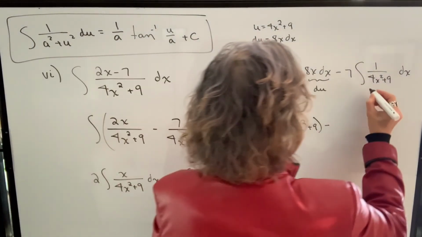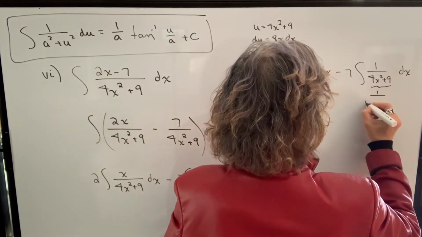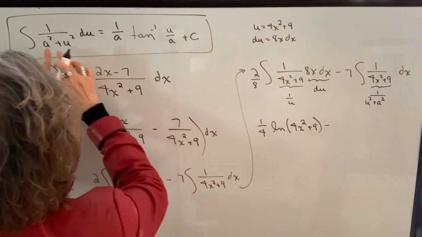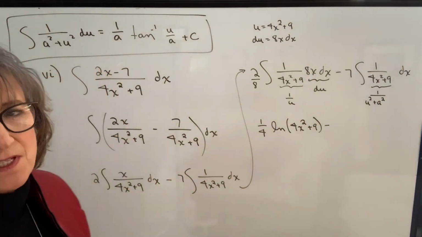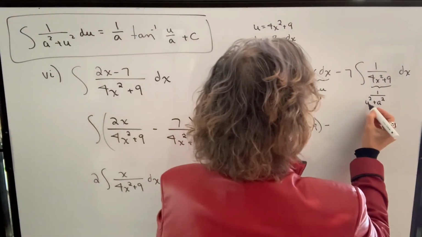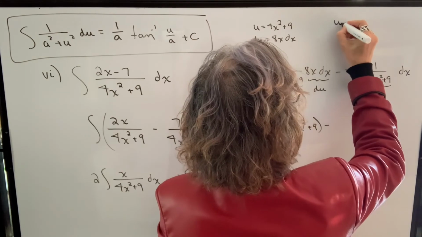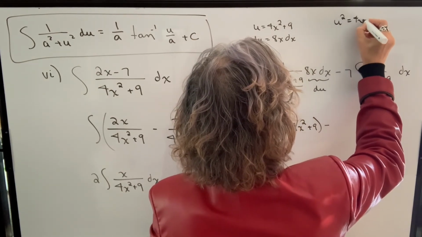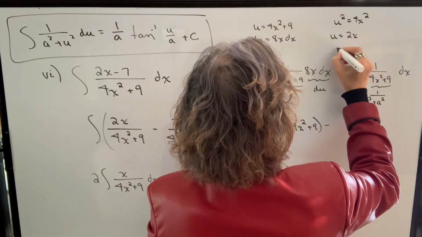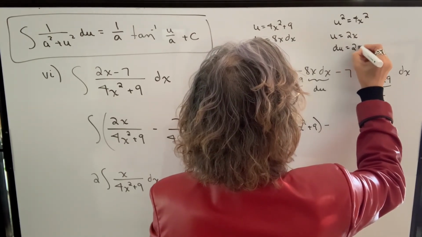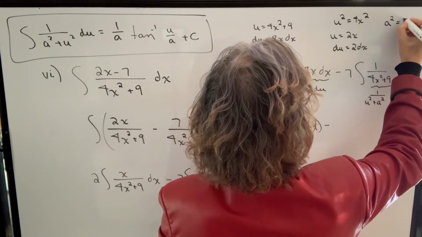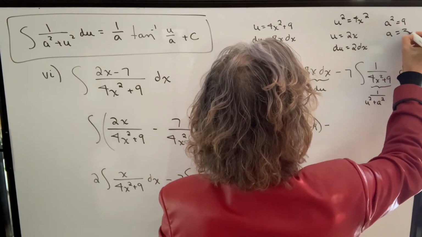I have 1 over u squared plus a squared. And it doesn't matter the order that I write those. A squared plus u squared is the same as u squared plus a squared. So I'm defining u squared as 4x squared, which means u is 2x, which means du is 2dx. I'm defining a squared as 9, therefore a is 3.